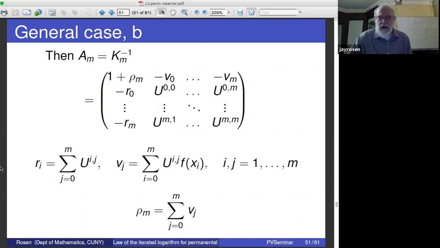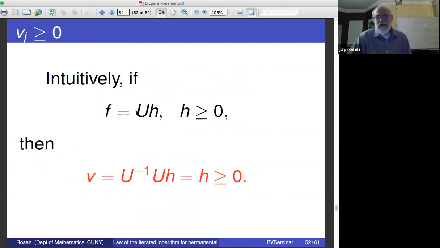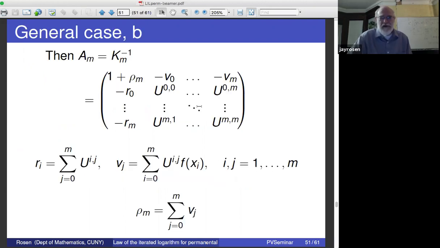Intuitively, take the case where F was the integral of U x y of h of x. And then V was U inverse of that. So formally, it's H, which is positive. In fact, it's a little more complicated because here I'm not taking the inverse of it. Uij is the inverse matrix, but this is not the same as integrating over all possible things. But one can show that if F is excessive for the original process, the V's and the R's will always be non-negative. So we do have a nice permanental process.